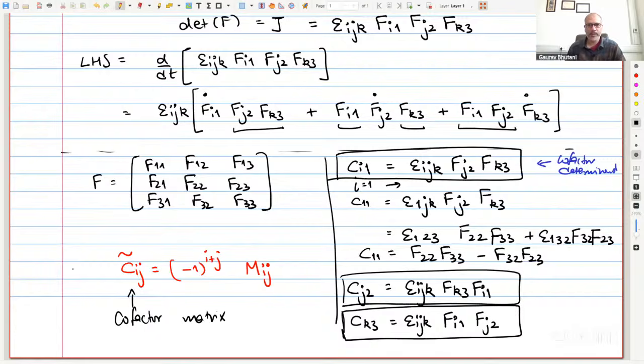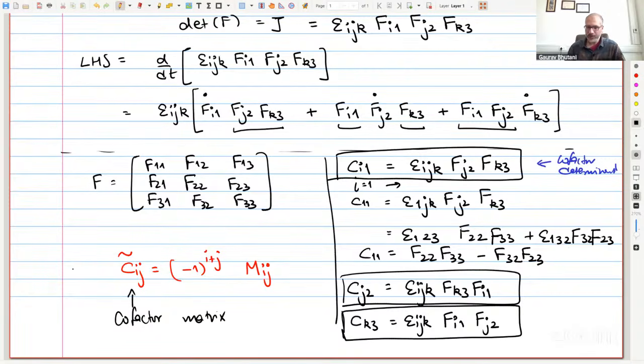So it's a 2D matrix. So we sort of fix one of the indices of the epsilon once we have chosen which element we want to use for calculating the cofactor. But in general, if I just choose the ith row, first column, jth row, second column, or kth row, third column, then we get this expression. You can expand it and see what it will give the right thing.